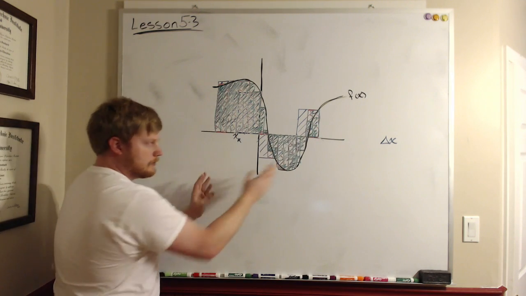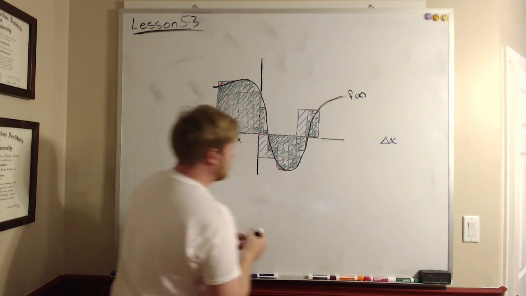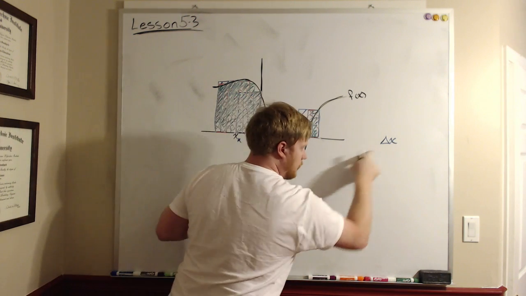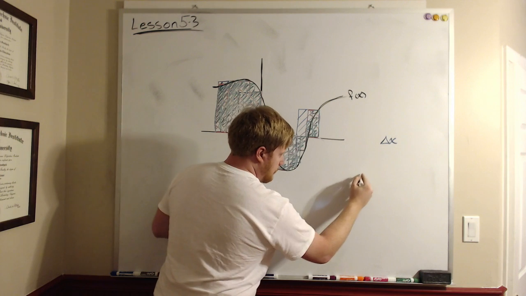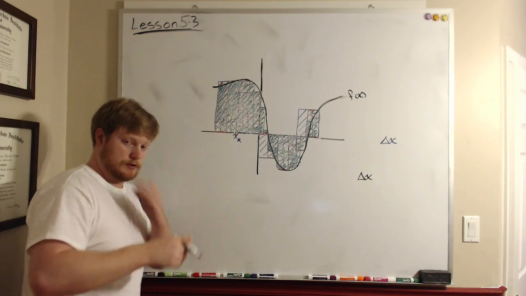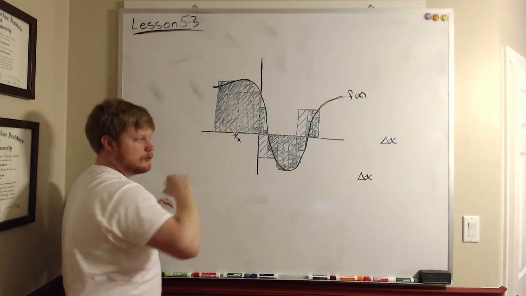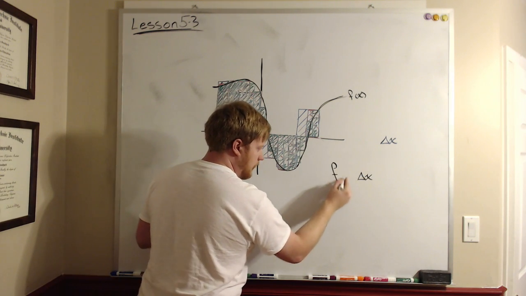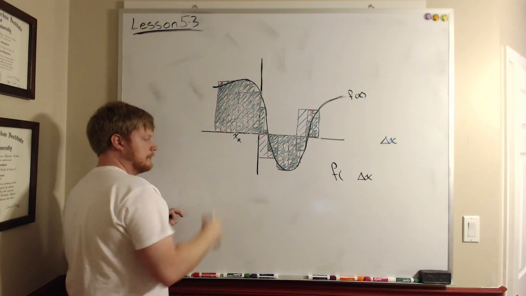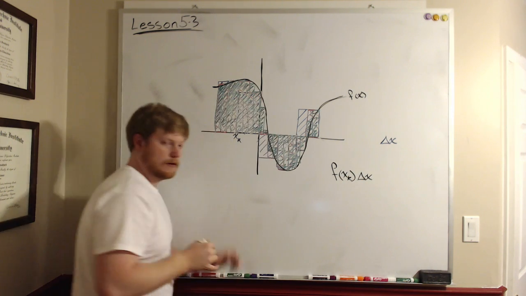I want to add these rectangles up. So we have to find out the area of one of these rectangles. Well, like I said, the width of these rectangles is delta x. The height of these rectangles is the value of the function. It's whatever f of x is at some given x sub k value.